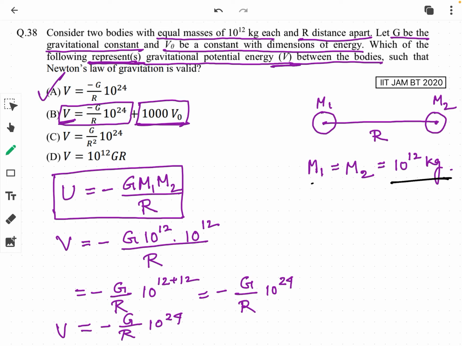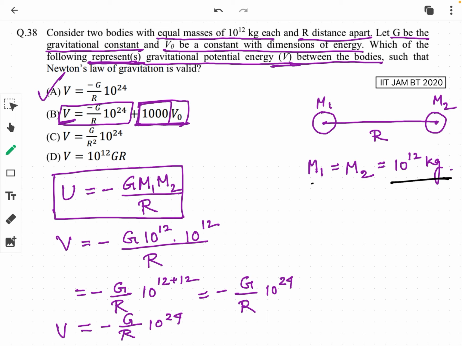Dimensionally it is absolutely correct, because this 1000 is dimensionless, just a number, and V0 is given as a constant with dimensions of energy. So this option is possible, because dimensionally this equation is valid.